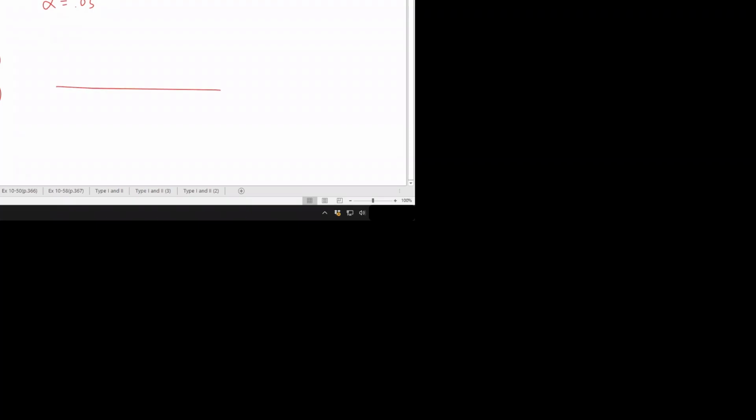Since sigma is given, the appropriate test statistic uses the Z distribution. So representing this variable X in this normal distribution, the mean is 16. The standard deviation of the population is 0.03. And X bar, they've determined to be 16.05, which is somewhere over here.